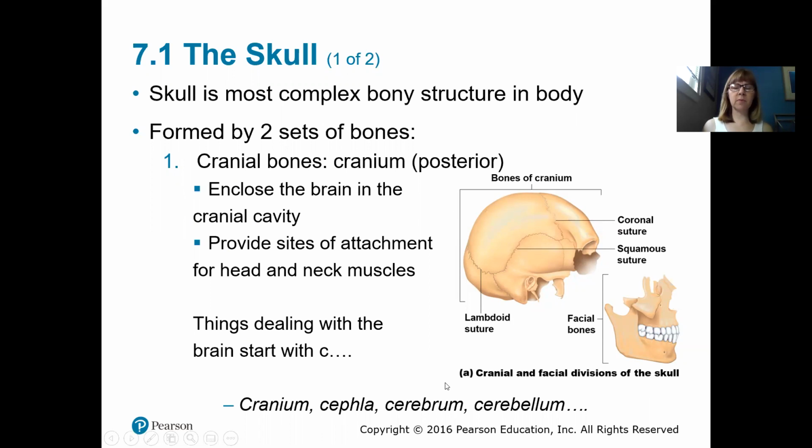And a part to remember, pretty much whenever you're dealing with the head, a lot of those words begin with C. So cranium, cephala, cerebellum, cerebrum, pretty much that has to do with your head or your brain. So when you're looking at terminology, when it begins with a C, usually it's going to have something to do with the head or the brain. So remember that when you're memorizing your terminology, okay?